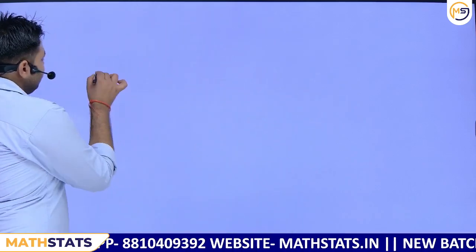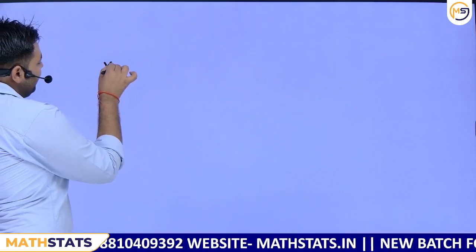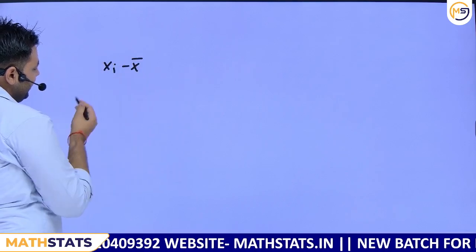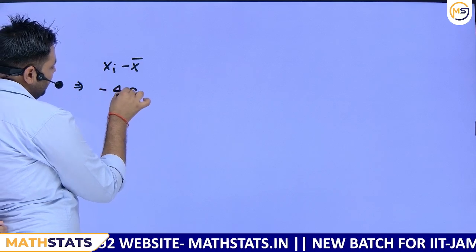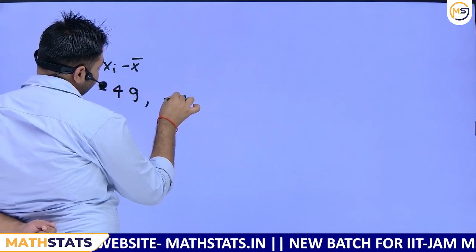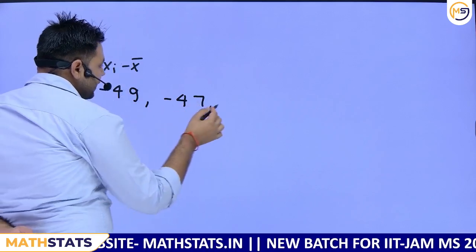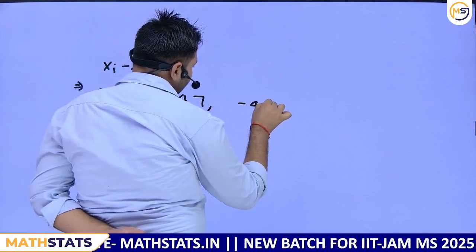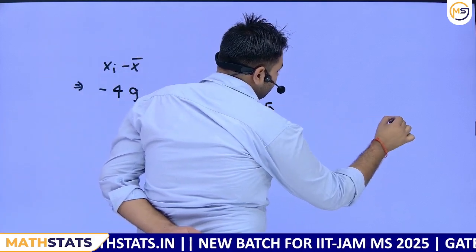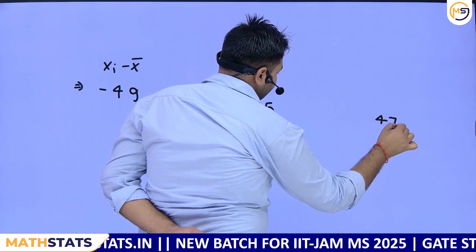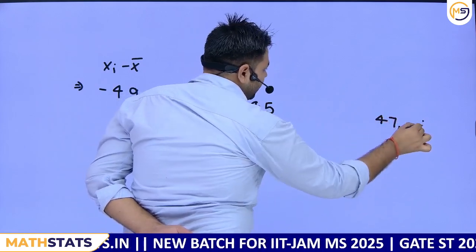Now the deviation, the value of xi minus x bar, equal to what? This is first minus 49, then minus 47, then minus 45, and in a similar way, here one value is 47, 49.